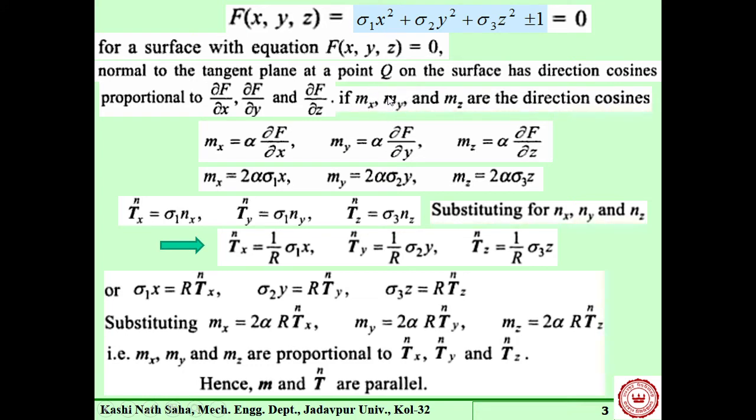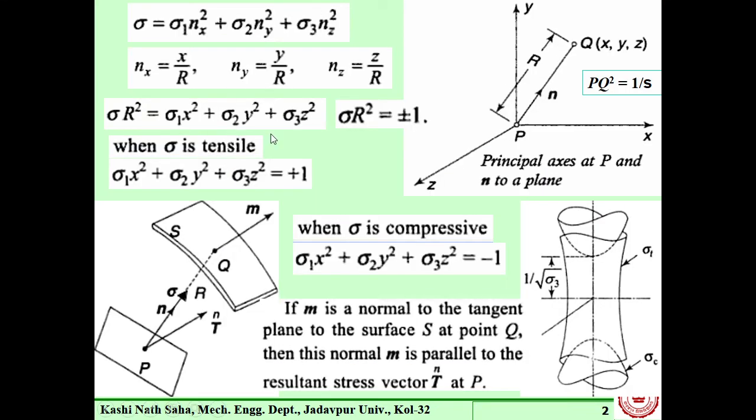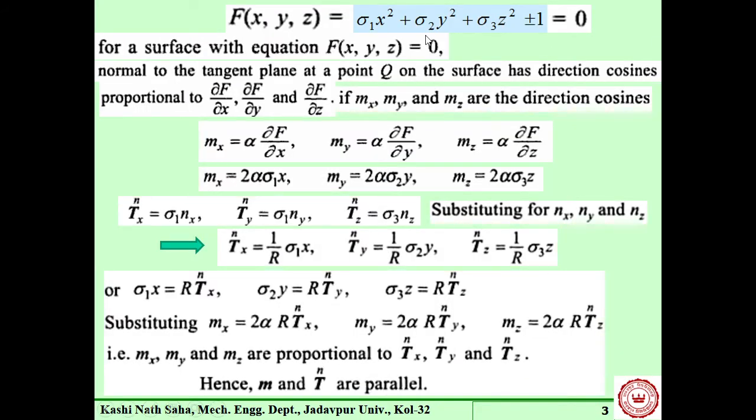M is the direction of this outer normal. So its direction cosines are mx, my, mz. They are proportional to del f del x, del f del y, del f del z. Very clear.